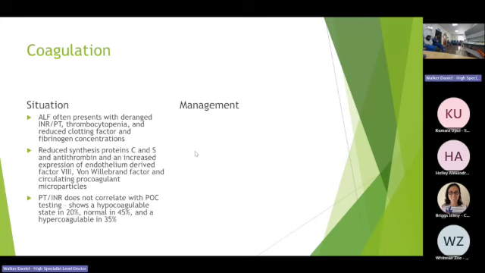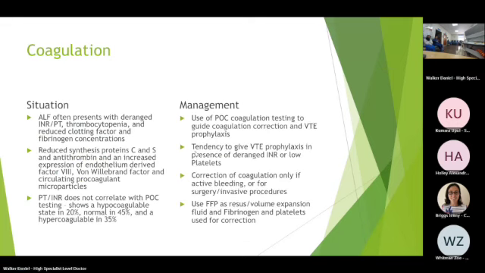So remember, when a study was done, it showed that even with a high INR, 20% of the patients were normal and 35% were hypercoagulable. So use TEG or ROTEM to guide coagulation correction.